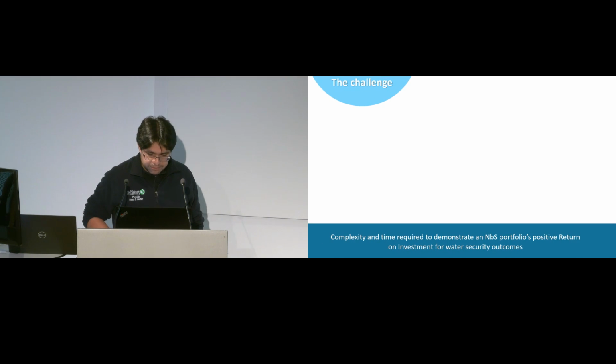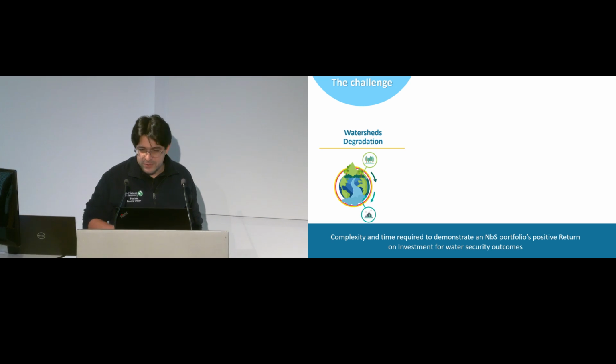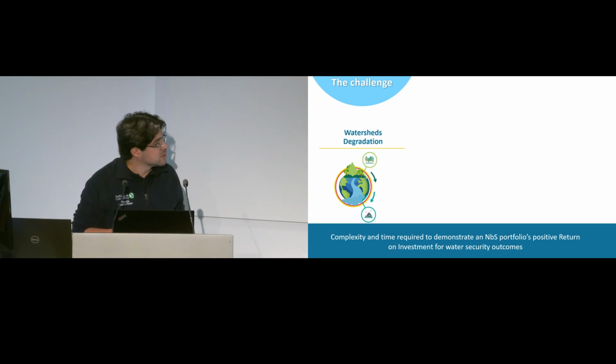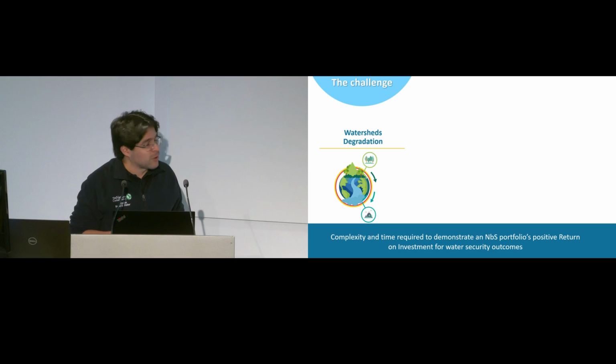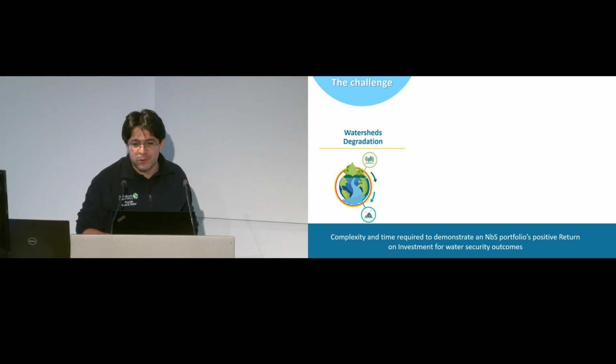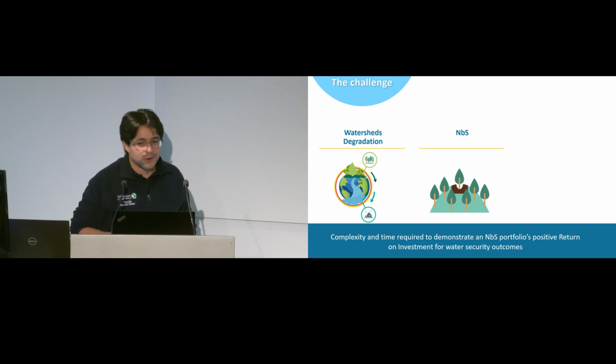So just to bring some context about the challenge that we are having. So at this moment, we all know that watersheds are being degraded around the world with dire impacts in water security. We know that nature-based solutions can contribute to the protection or restoration of these degraded watersheds, right?